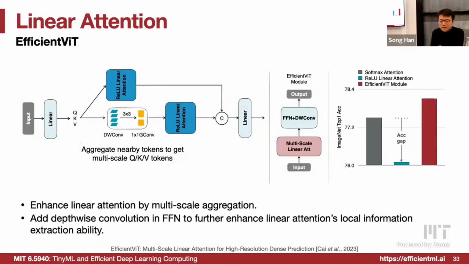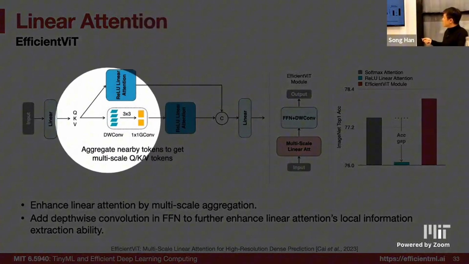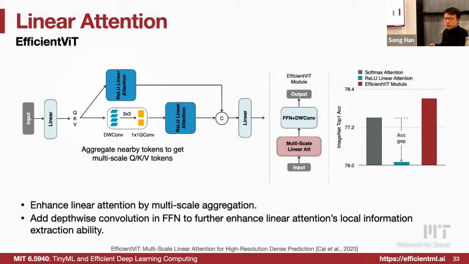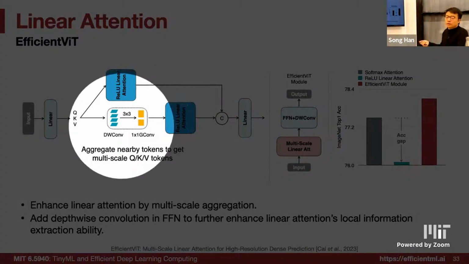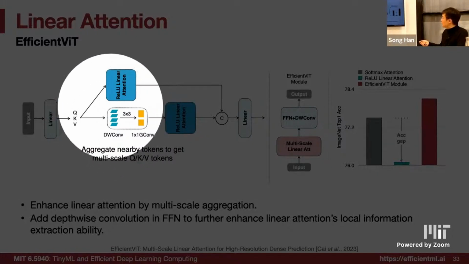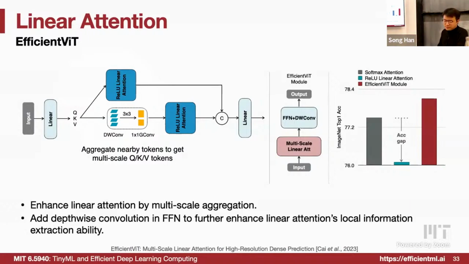That's convolution. Convolution is our friend to extract local information. So we can simply add a convolution branch to do the local feature extraction. But in order not to lose efficiency, we use a depth-wise convolution followed by a group convolution to save computation, rather than using the full convolution. We decouple the spatial modeling from channel modeling.